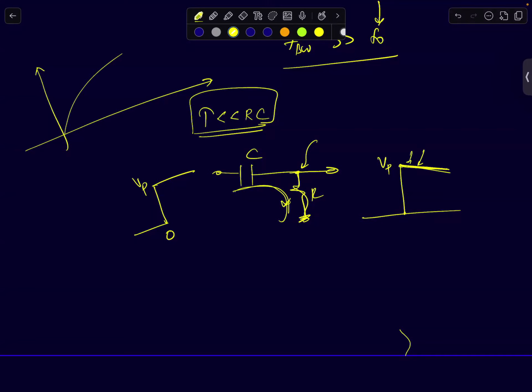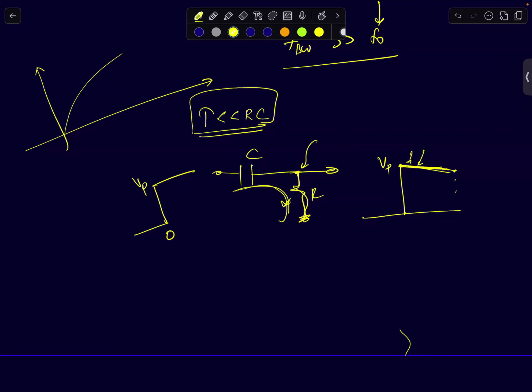If you plot this waveform, it will be something like Vp times (1 minus t upon tau). It's 1 minus e to the power minus t by tau, and I'm approximating it to this. You will get some higher order terms, but let's ignore that. It will be just a linear discharge.